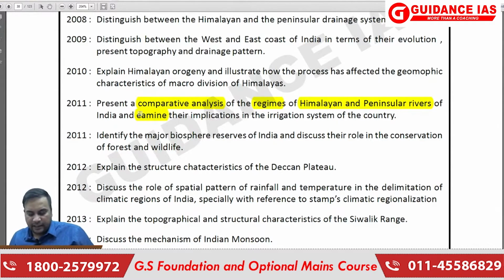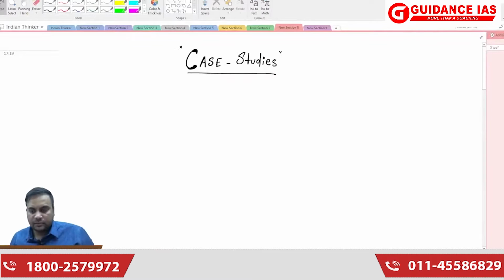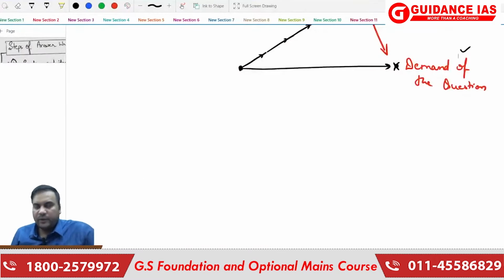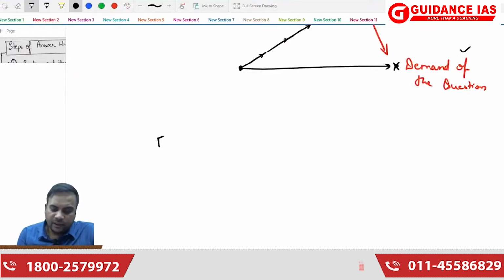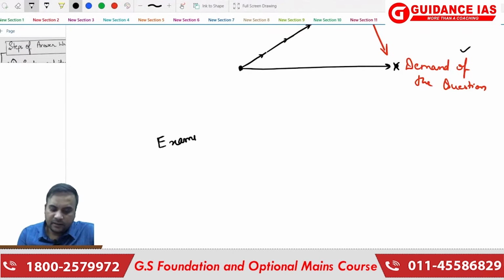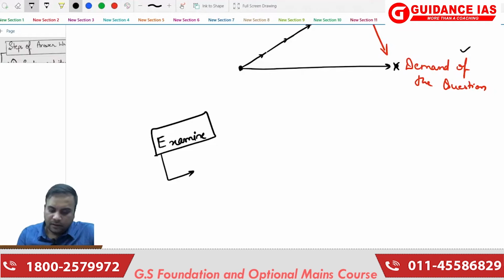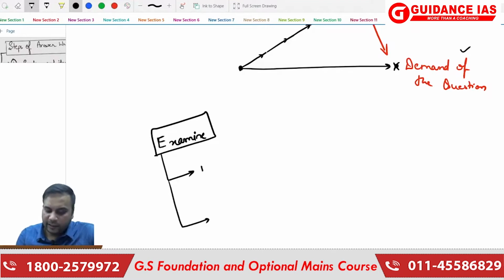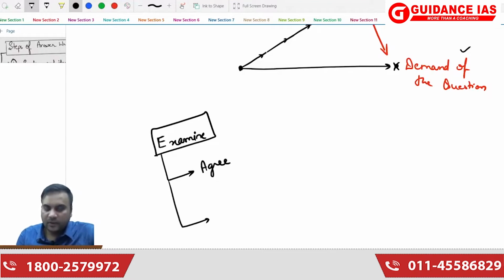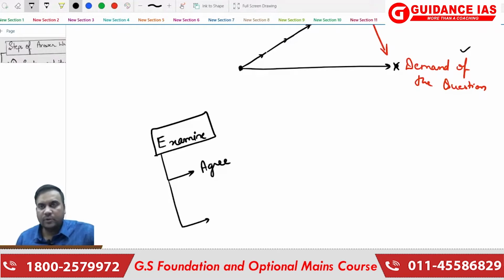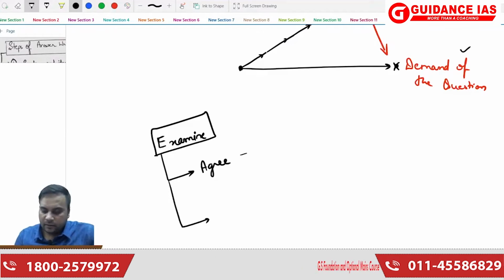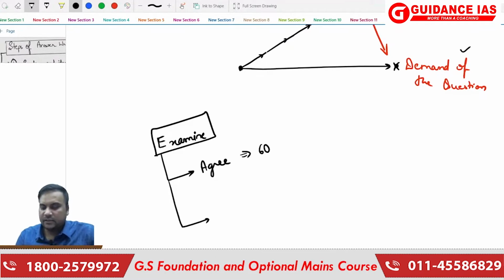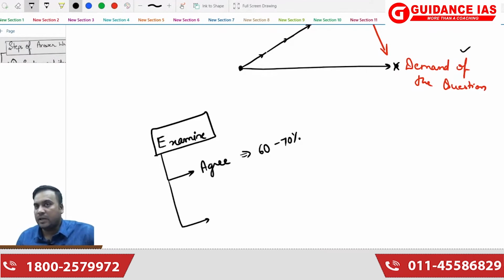Now tell me, when there is a keyword like examine, what we do in case of examine, abhi hum dekhenge, we will see that in case of examine, you have to agree with the statement, no doubt about this. In fact, around 60% to even 70% of your answer can be on the agreement part.